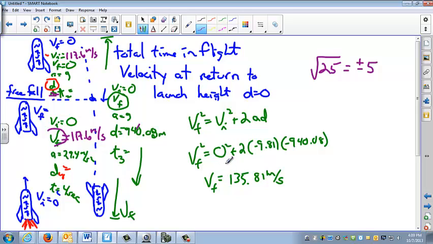The calculation doesn't know what it is. It's requiring you to know we're traveling in the down direction to make it a velocity of negative 135.81 meters per second. I'm sure there will be several of those mistakes made on quizzes and or tests. So please remember step 5, check your answer, make sure you've got it going in the right direction with the correct unit. Okay, see you in class.